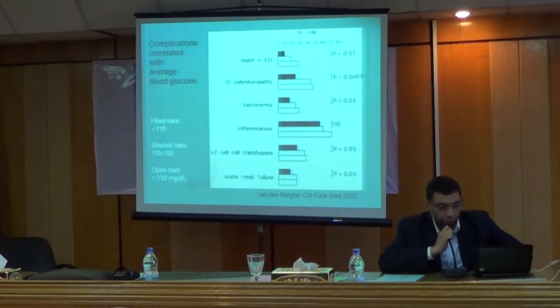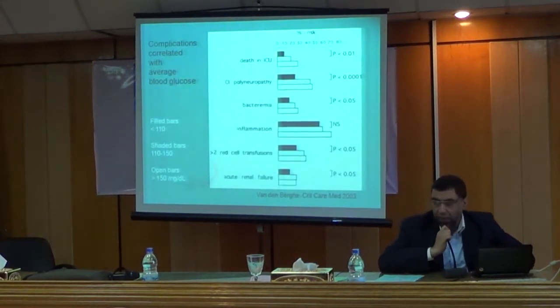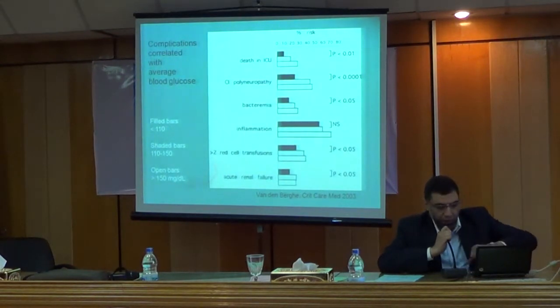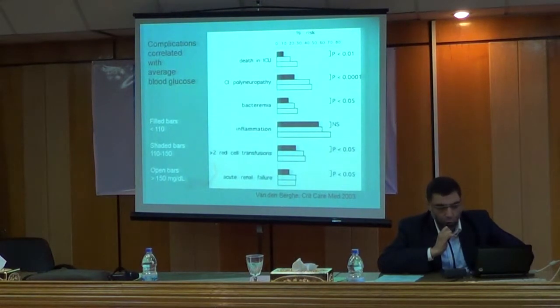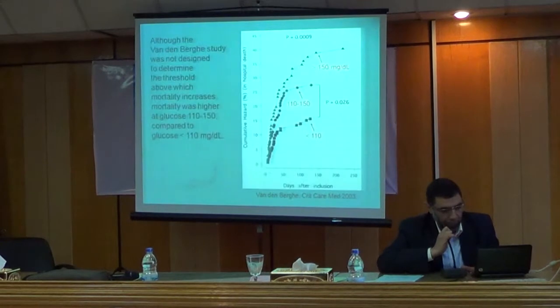Again, complications were correlated with the target blood glucose. You see the filled black bar represents those controlled under 110 milligram per deciliter. The mortality was the least, polyneuropathy the least, bacteremia the least, inflammation the least. All complications were reduced with this strict control.